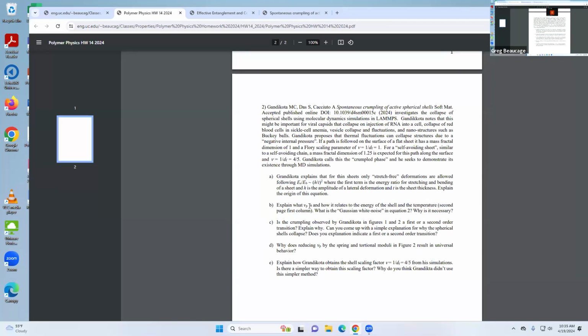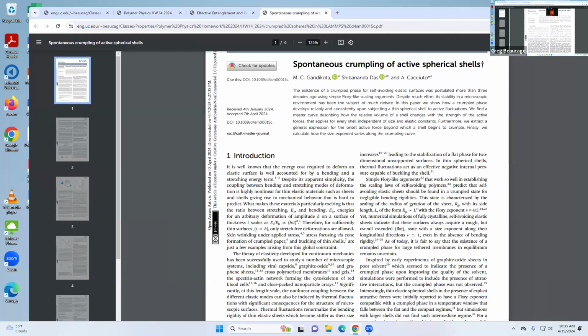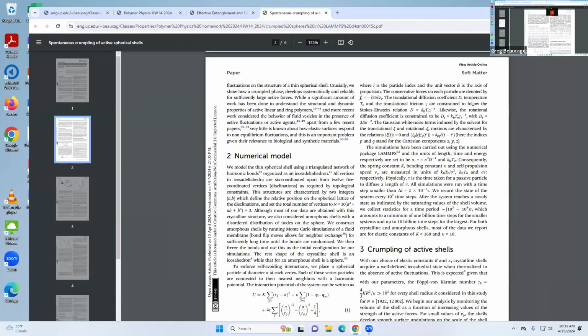So VP is like the square root of temperature in a sense. So it relates to the energy of the shell, in the first page, second column. So he gives all the equations here somewhere. K is the bending constant, and he gives the units of them, which means that's what they're related to.